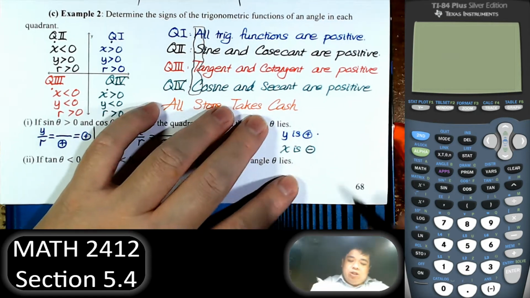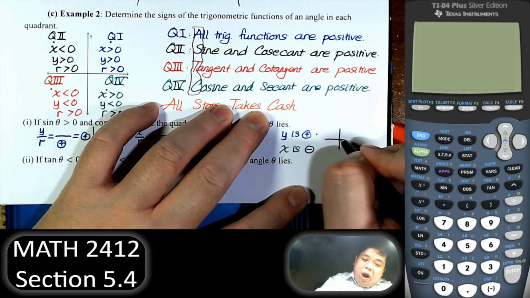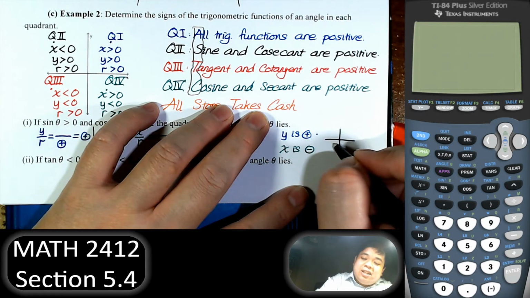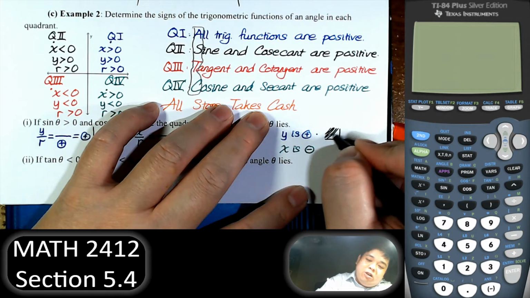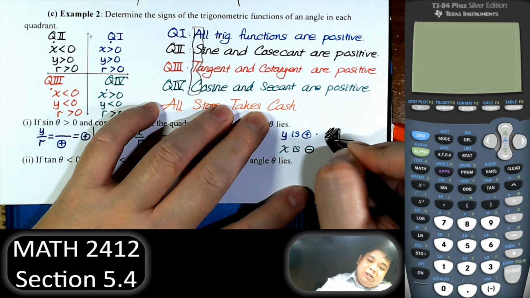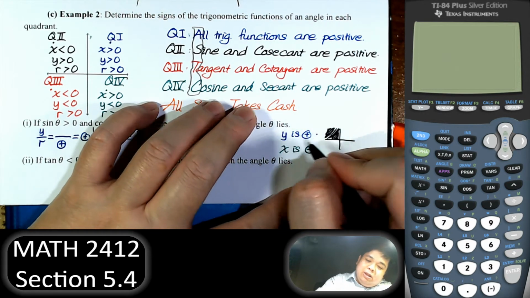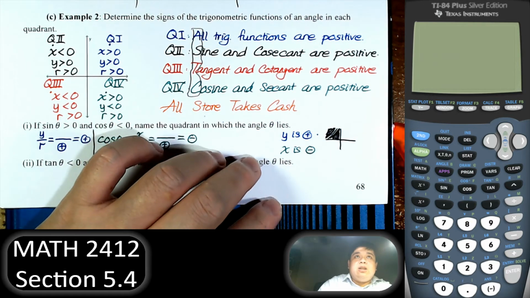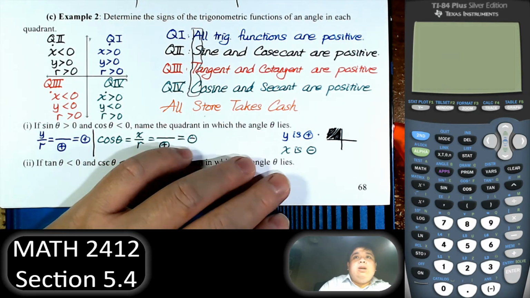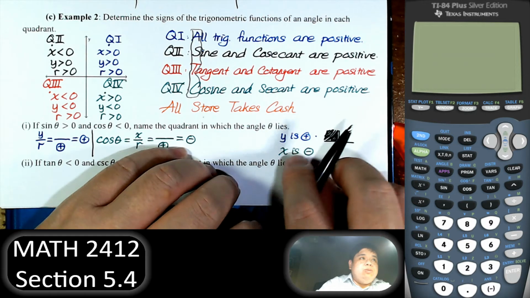Now, we just look for the quadrant where y is positive and x is negative. So we're talking about this quadrant, right? So the answer is, this is in quadrant 2.